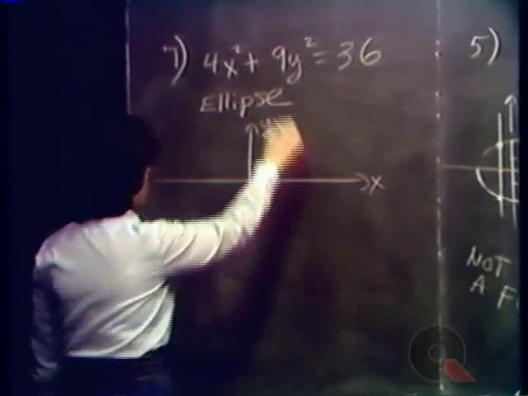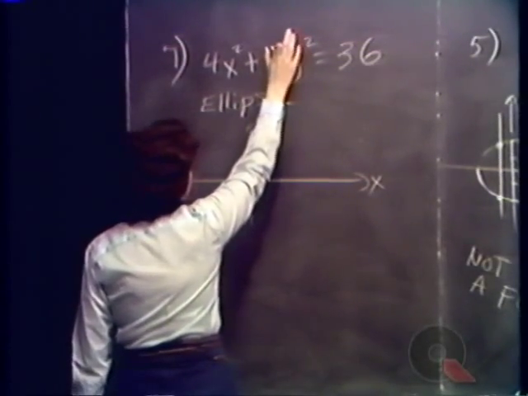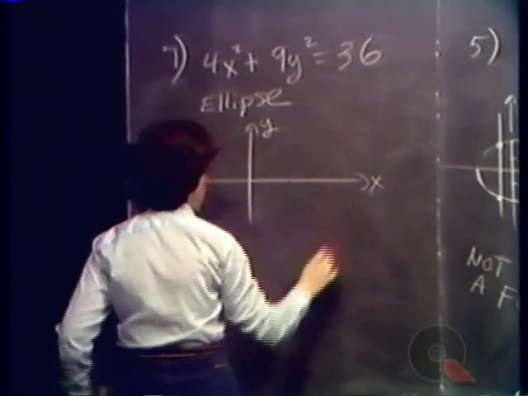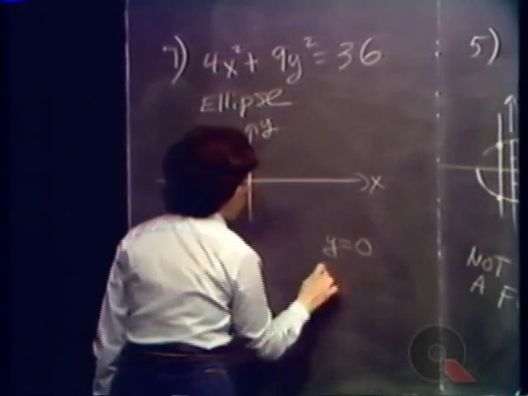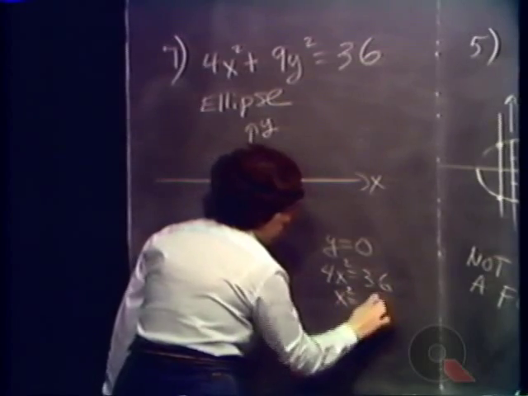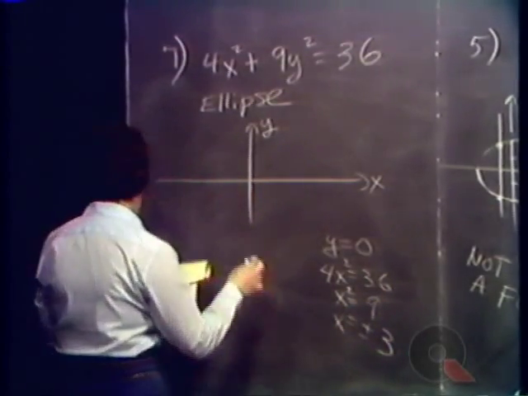If we set y equal to 0 to solve for the x-intercepts, we would have 4x squared equals 36. If y equals 0, 4x squared would be 36, x squared would be 9, and we'd have x-intercepts of plus and minus 3.